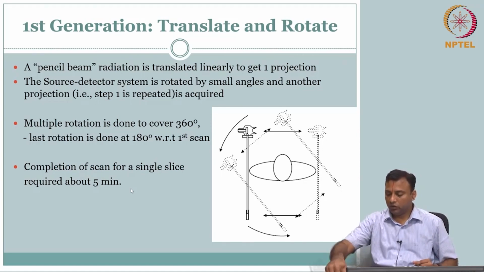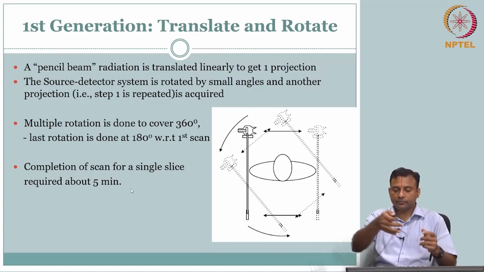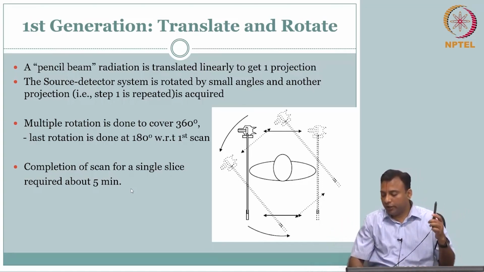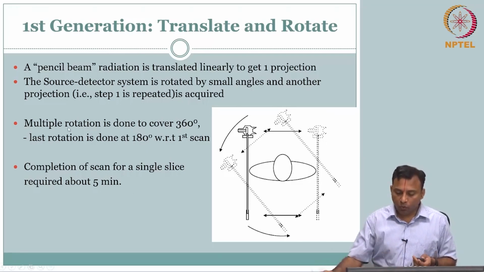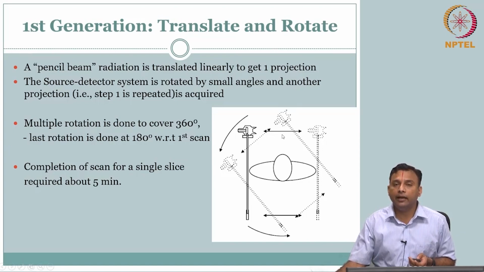So the logic would be, instead of having only one detector at a time and then scanning, why don't we have a few more of these detectors so that in one shot I can get a few parallel lines?